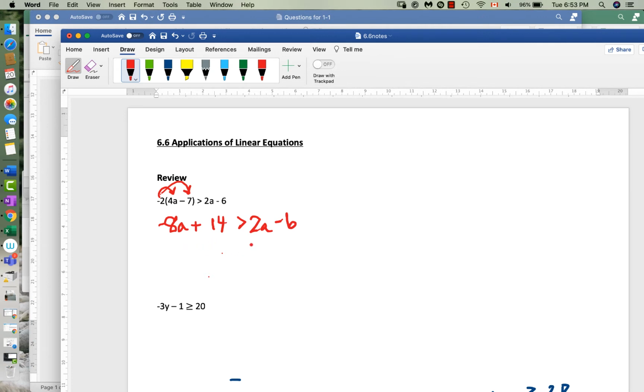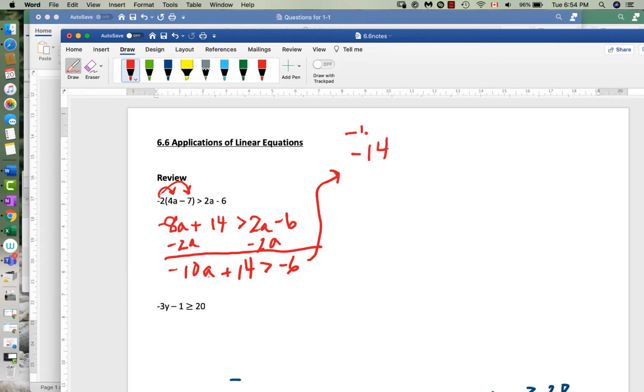If I subtract 2a from both sides, that's minus 10a plus 14 is greater than minus 6. Now what do we do? We subtract 14 from both sides.